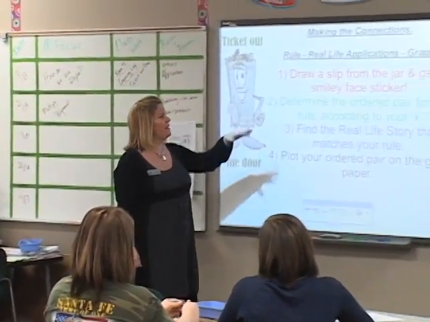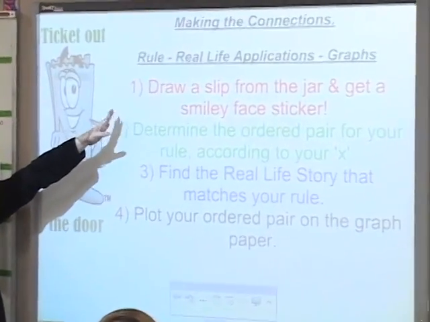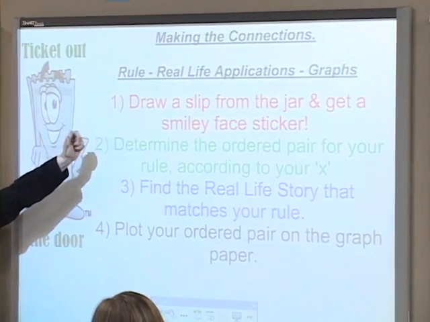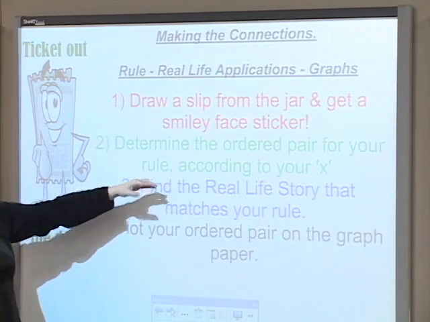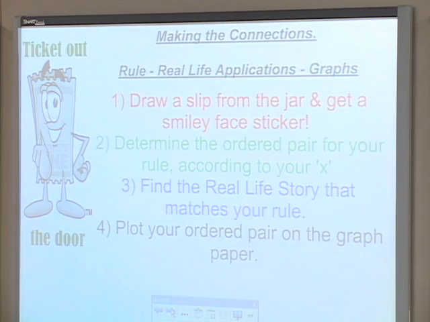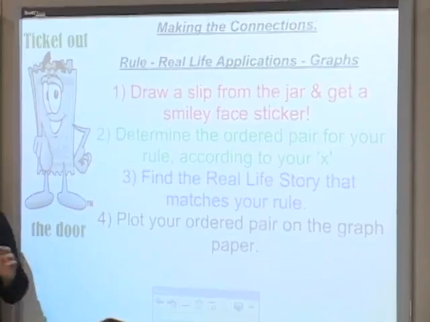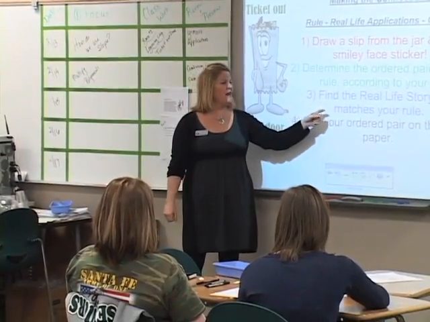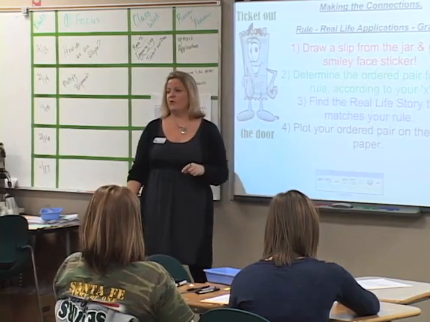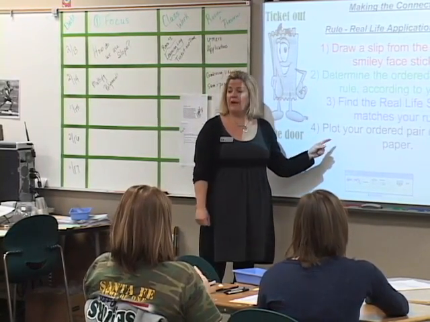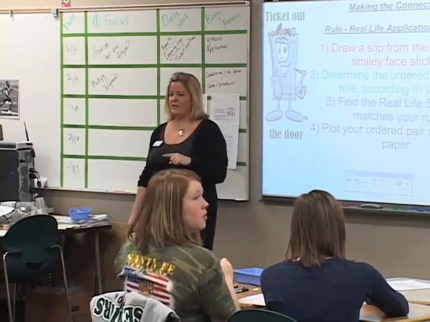While you were working, we put a colored piece of paper on your desk and a smiley face for each one of you. What you're going to do is determine the ordered pair for your rule according to the X that you got. Then, of the 5 graphs around the room, you're going to find a real life story that matches the rule that you have an ordered pair for, and then you're going to plot that ordered pair on the correct graph.